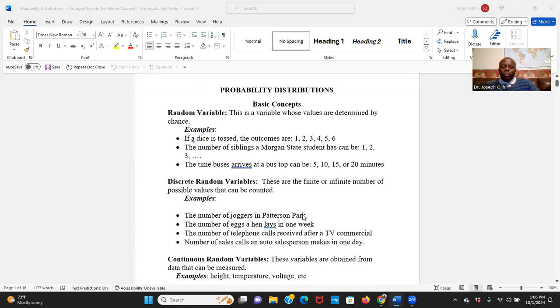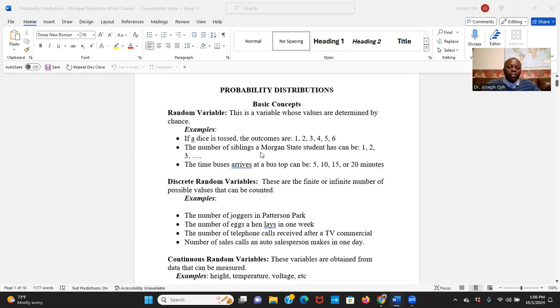When we say random variable, we are referring to a variable that has values which are determined by chance. For example, if a dice is tossed, the outcome can be 1 showing up, 2, 3, 4, all the way to 6. Any of them can show up, so it's random, and that gives us a good example of a random variable. How about this?